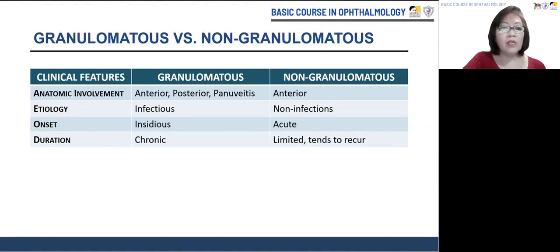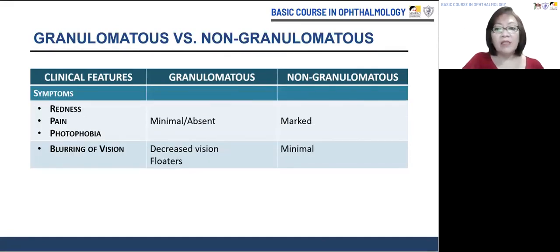Its etiology is often infectious, and it is generally insidious in onset and of chronic duration. Non-granulomatous uveitis, on the other hand, involves only the anterior chamber, is of non-infectious etiology, with acute onset and limited duration. Although limited in duration, note, however, that these conditions may have a tendency to recur.